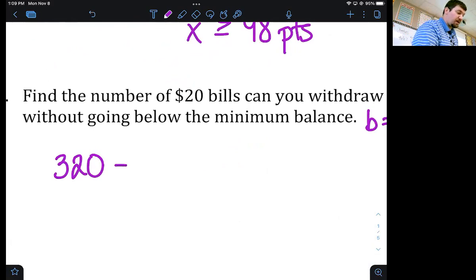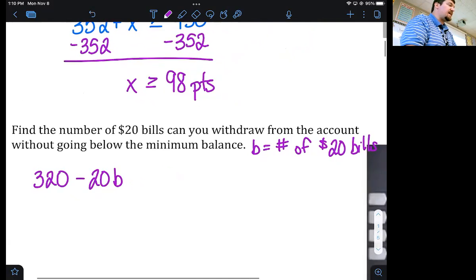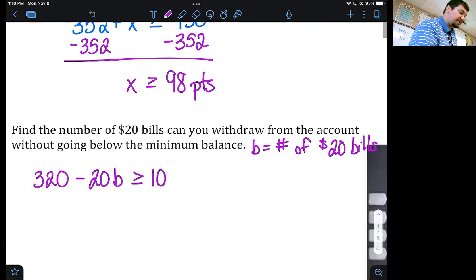Yes, it's going to go down 20 for each bill. Every time a bill comes out, assuming it's a $20 bill, our account goes down $20 until we get to our minimum balance. Now, I can't go lower than the minimum balance. So what symbol am I going to use here? Seth. Yes, it has to be greater than or equal to, as Maddox mentioned, $100.